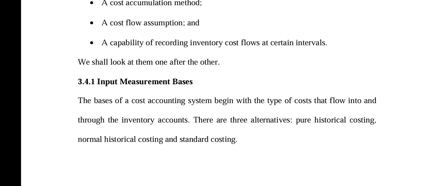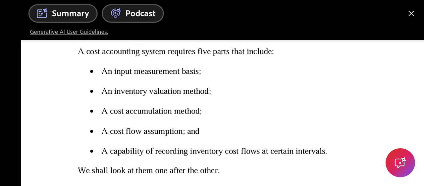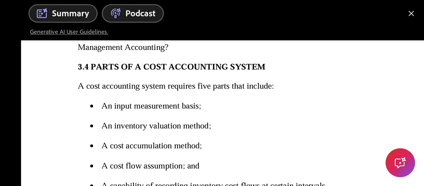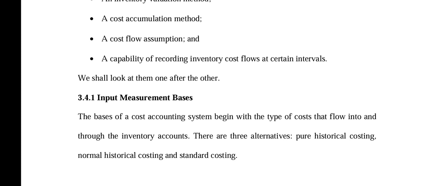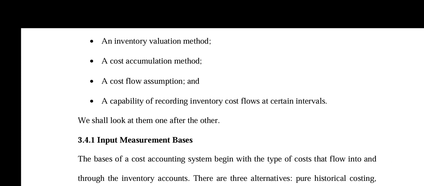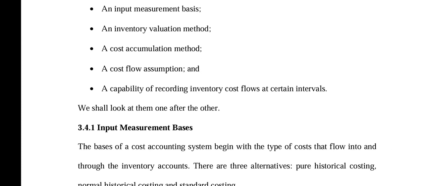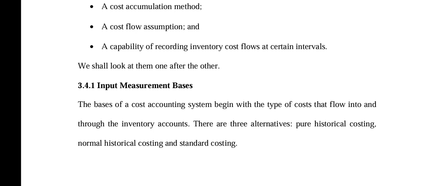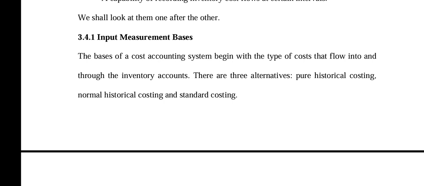Don't forget we are looking at the parts of cost accounting system. So the first one is what? Input measurement basis. The basis of cost accounting system begins with the type of costs that flow into and through the inventory accounts.